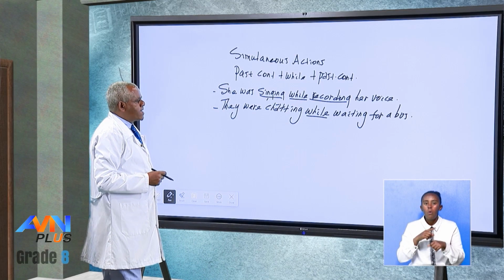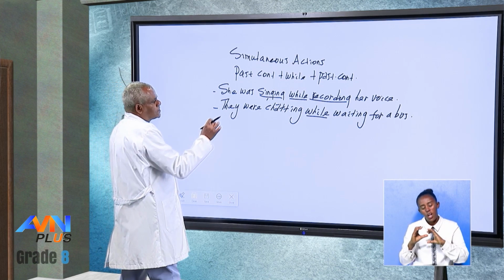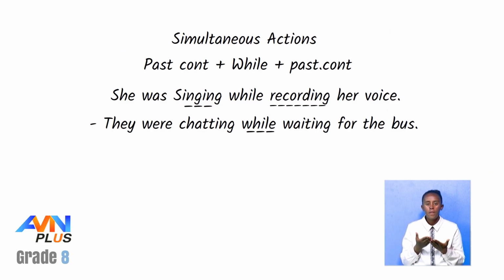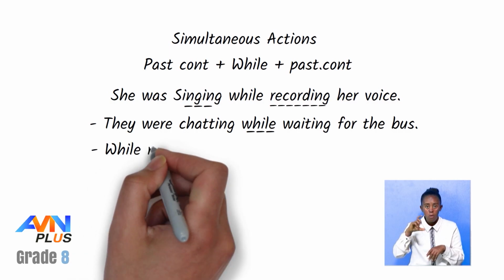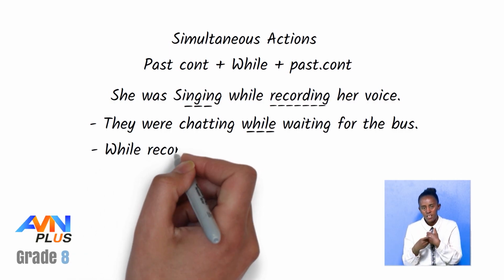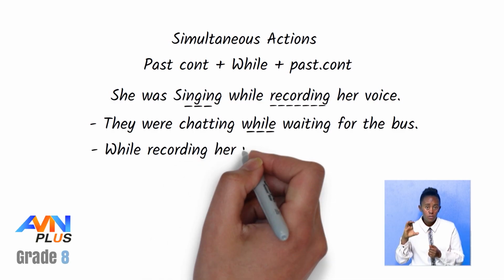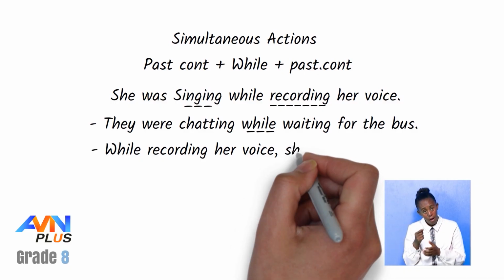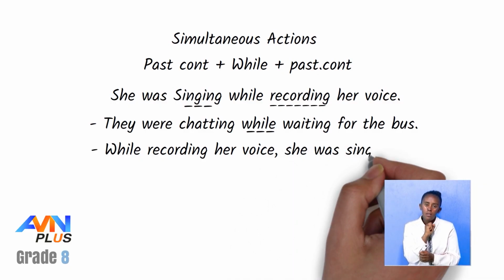While waiting for a bus, they were chatting. Possible. Similarly, you are welcome to use the while structure at the initial position too: While recording her voice, comma, she was singing.